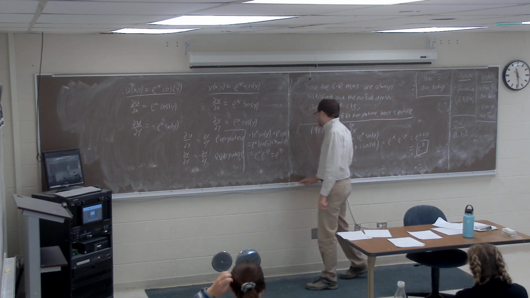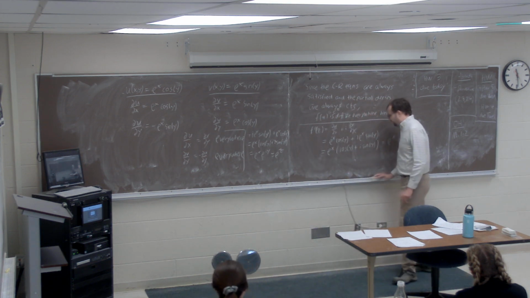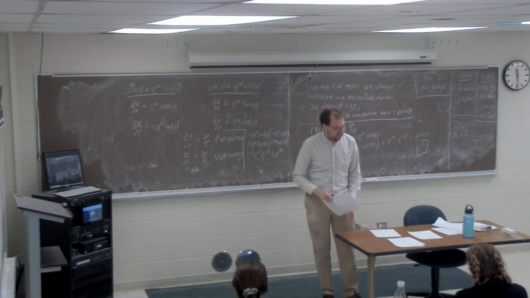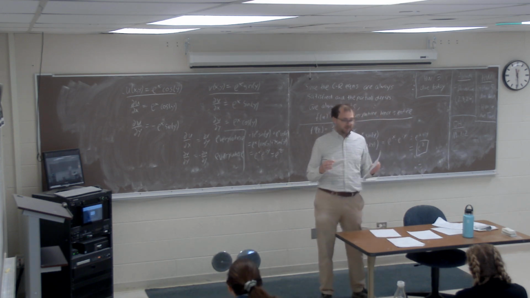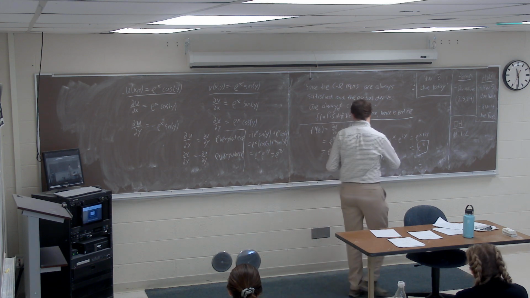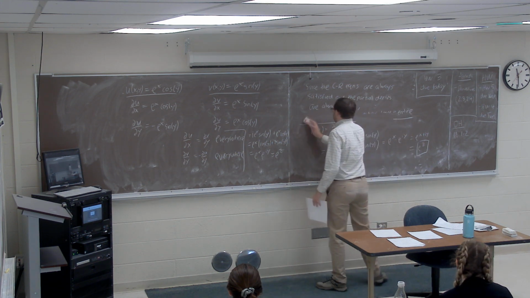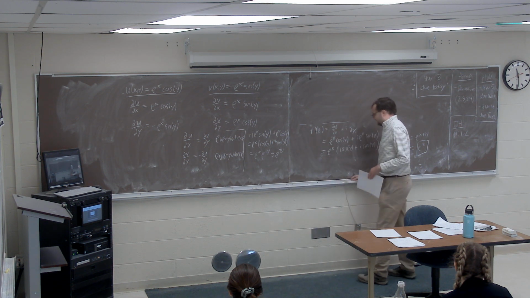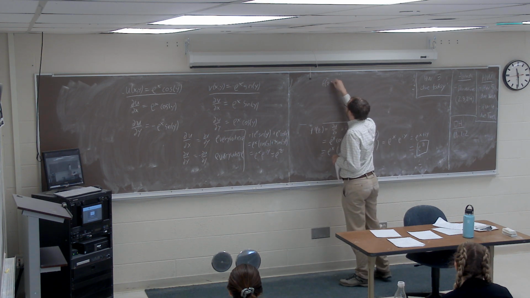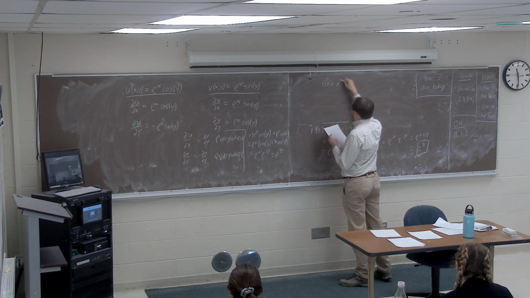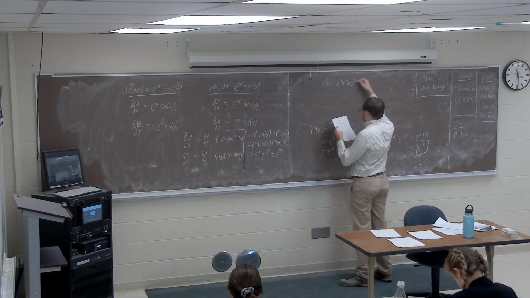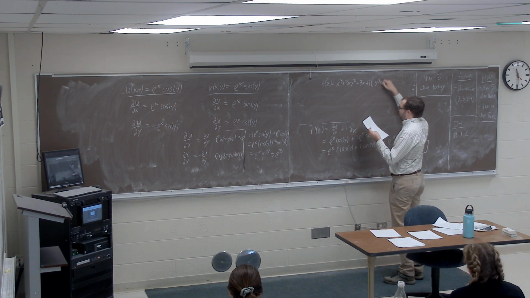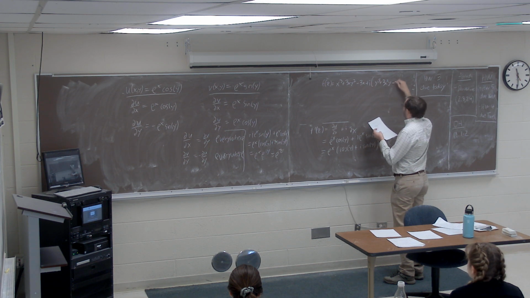Alright, here's the activity for today. I think this one is a little more straightforward than yesterday's. I'm going to give you a function, f of z, and it's a pretty simple function. f of z equals x cubed plus 3x y squared minus 3x plus i times the quantity y cubed plus 3x squared y minus 3y.